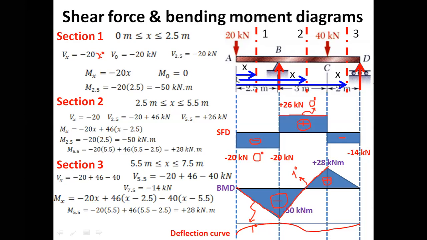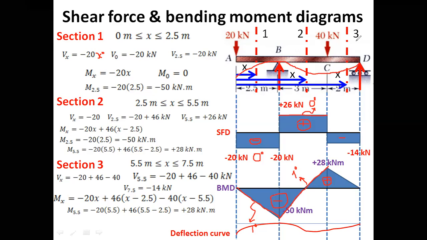So if we expect how the beam would deflect, because of this loading, this beam would deflect, and it would be like this. Here the deflection would be zero, and then we would have a deflection like this, and then again the deflection at point D would be zero.